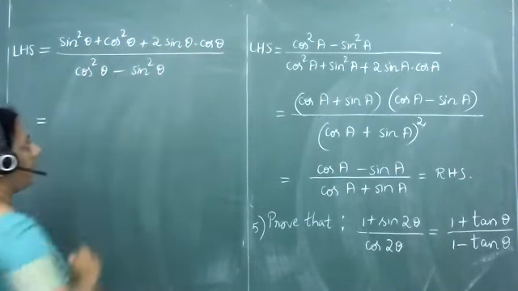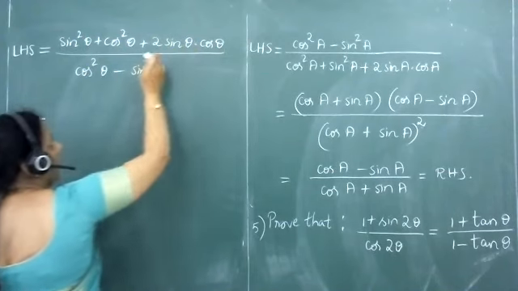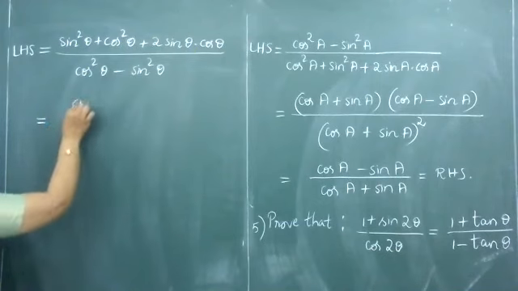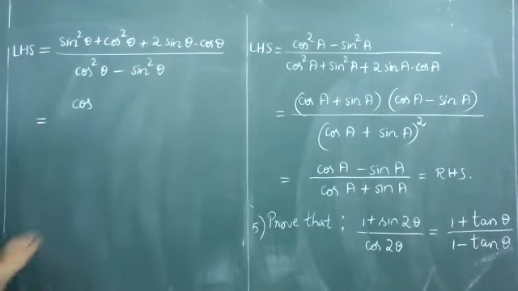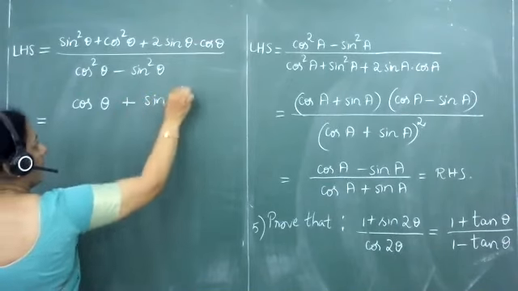Further, the numerator is in the form x squared plus y squared plus 2x into y, and in the condensed form it will come as x plus y the whole square. I can use x equal to cos theta, y equal to sin theta.